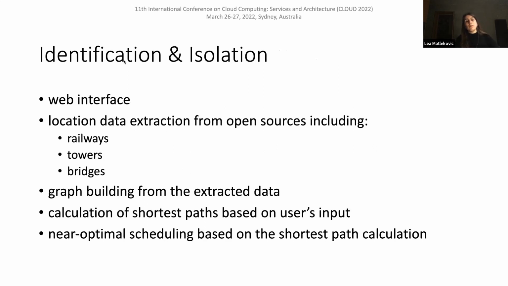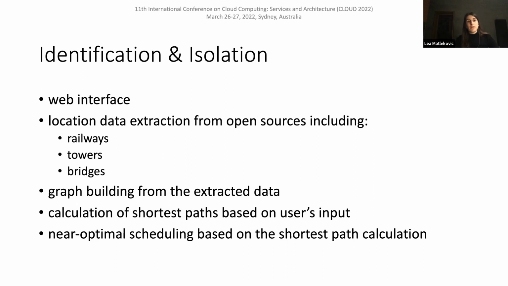During the identification and isolation process, we realized that we have a web interface, and then the first process was extraction of the location data about the infrastructure from open sources, for example, where exactly the railways are, and where the power towers, power lines, and bridges are located.